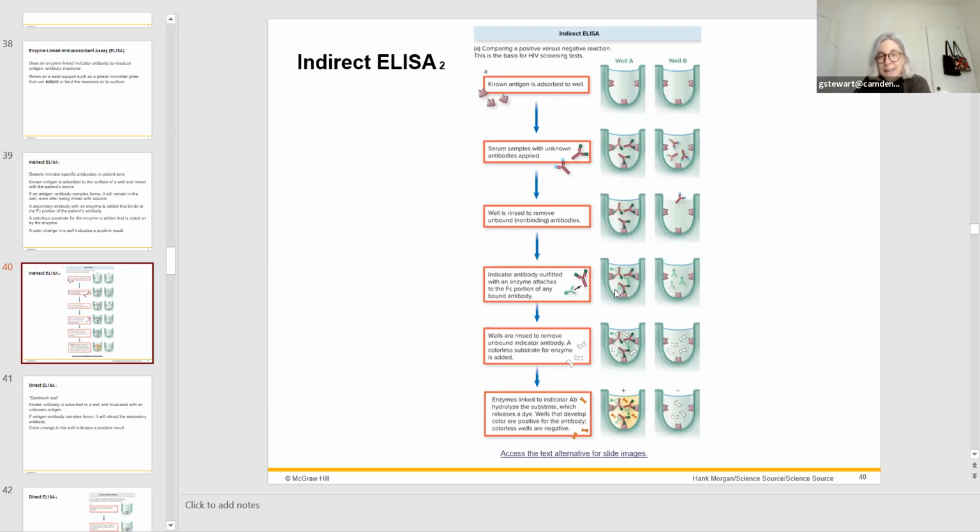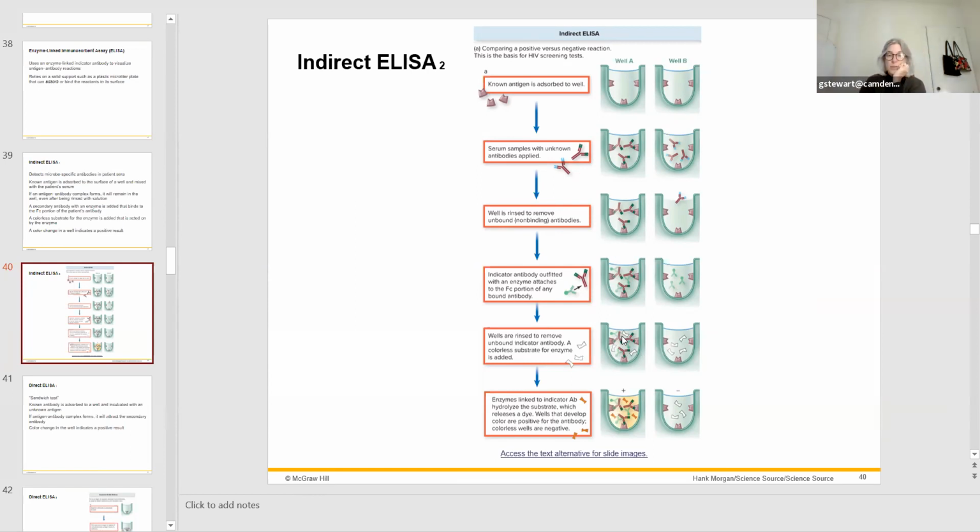So we add our second antibody, or our secondary antibody, that is conjugated or bound to, in this case, an enzyme. And that's this little white shape that's attached to the tails of these antibodies. Now, how would I do that?